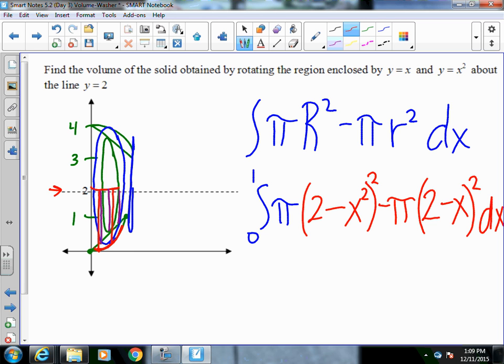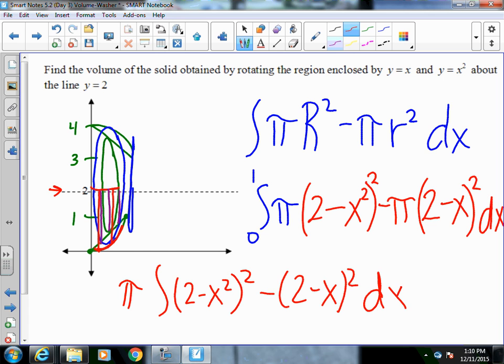Now, our pi can come out front, and we get 2 minus x squared, squared, minus 2 minus x squared dx, and they're stacked from 0 to 1.